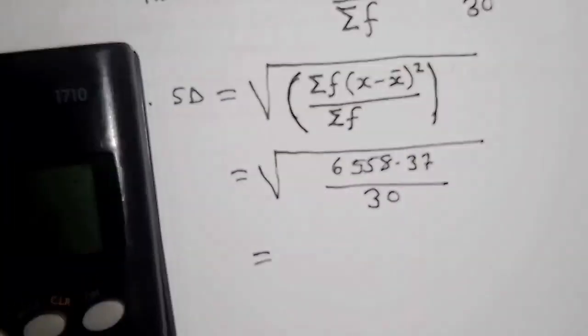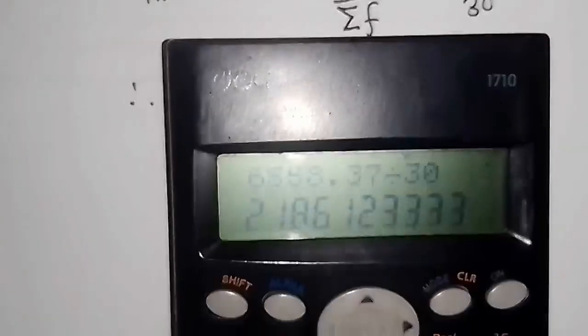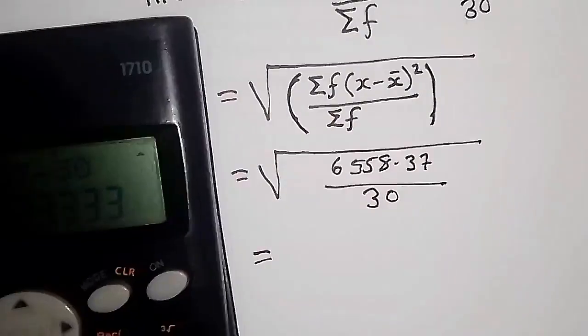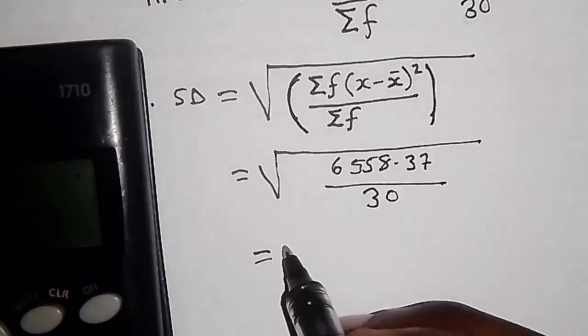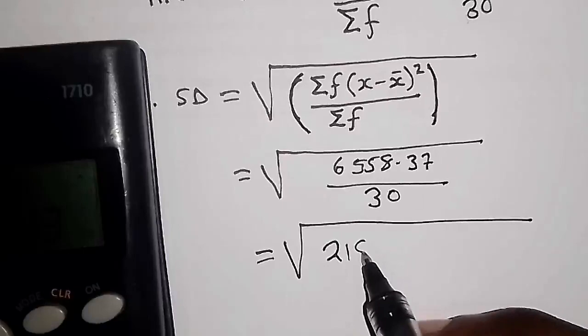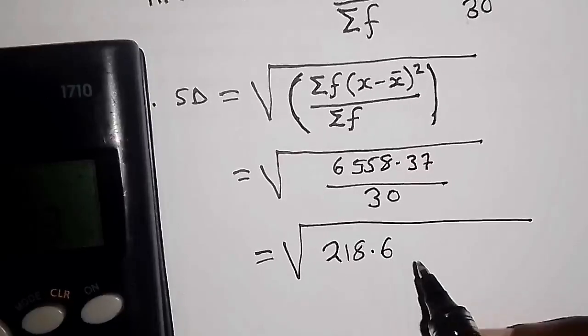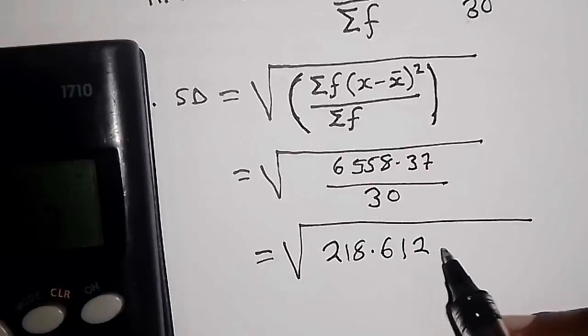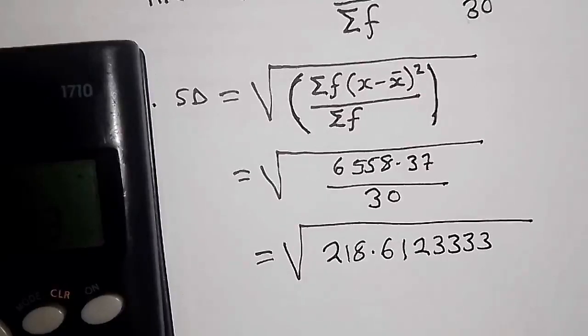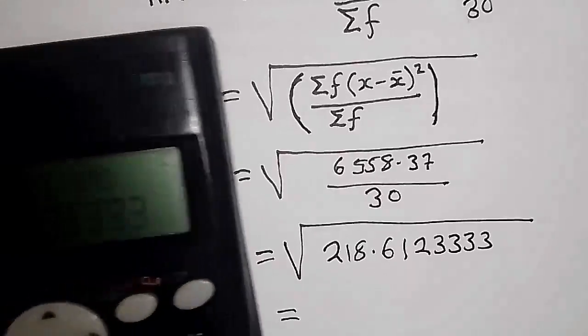This number is the number that will still be inside the square root. So it's 218.6123333.